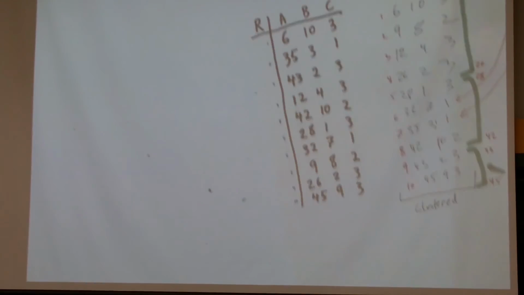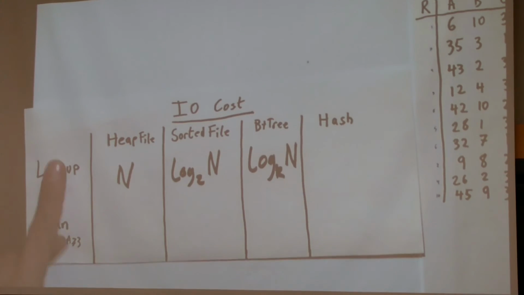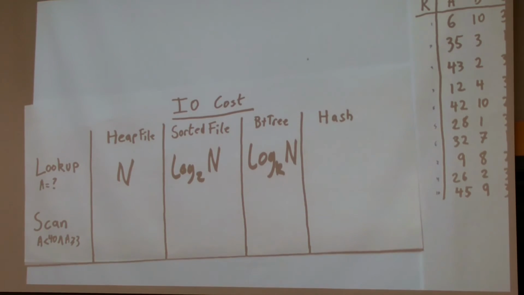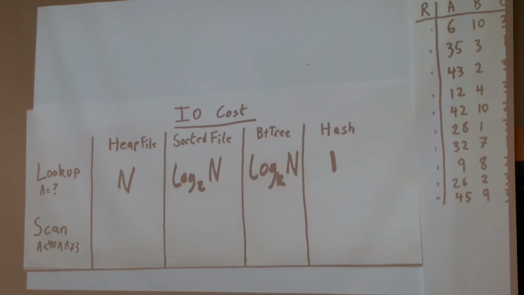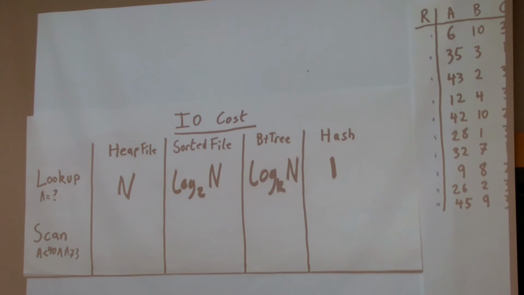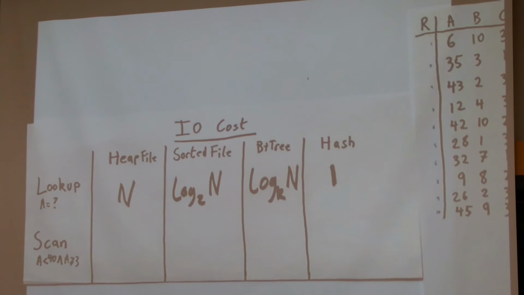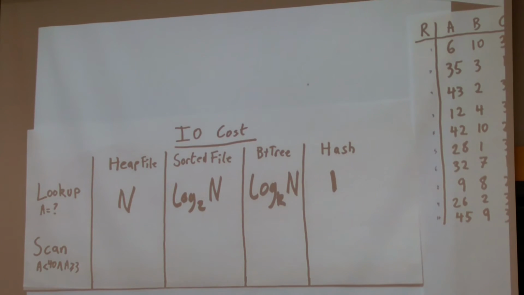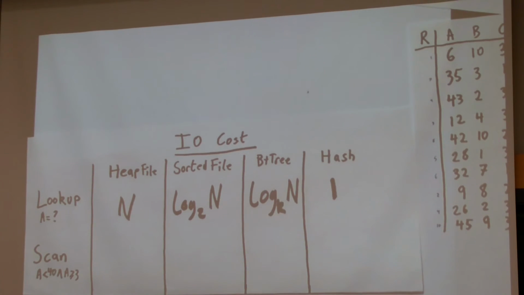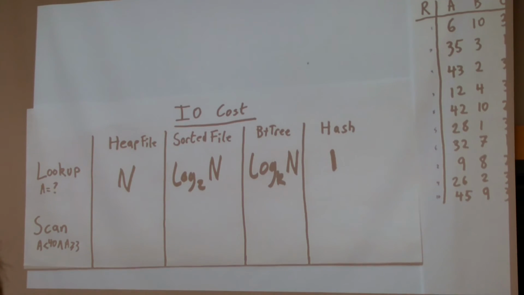And so for a hash table, it's just 1. Wow, 1. That's amazing. Is that assuming that your bucket is just one page? That is assuming that my bucket is just 1 page. In general, you want to pick a number of buckets such that your hash function doesn't overflow.